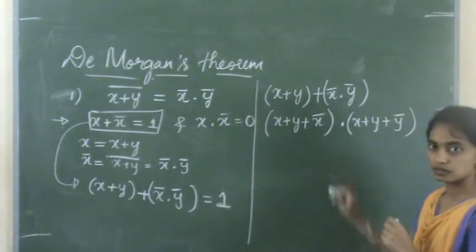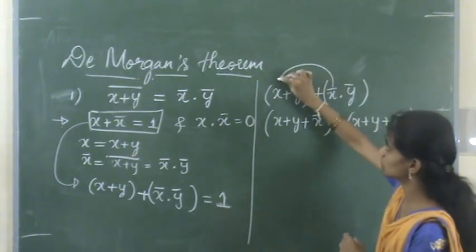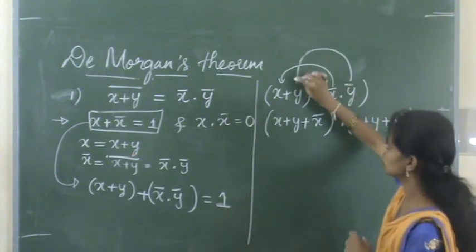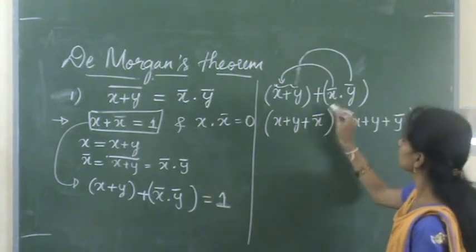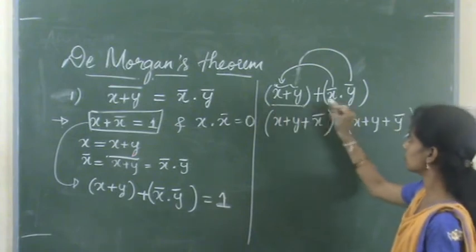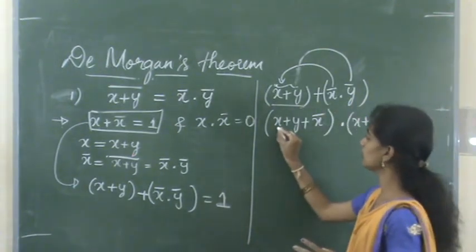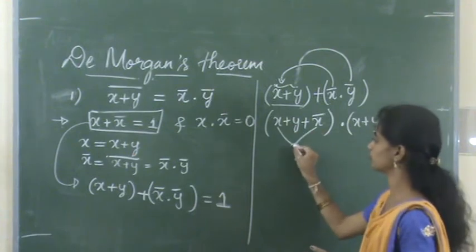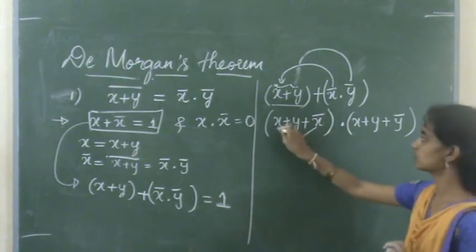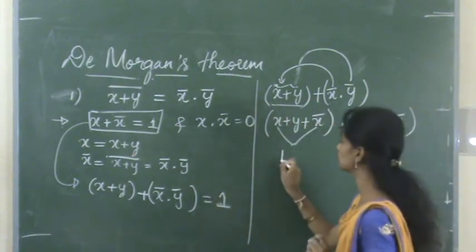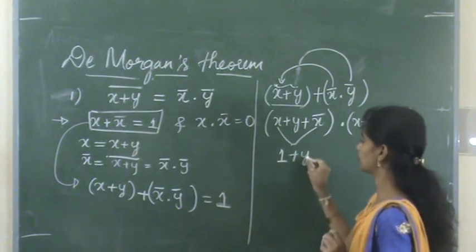I am adding x bar with these two and y bar with these two, not only this one, x bar in the first equation and y bar in the second equation. Now we know x and x bar: according to the complement law, x plus x bar is equal to 1. So we have only y.